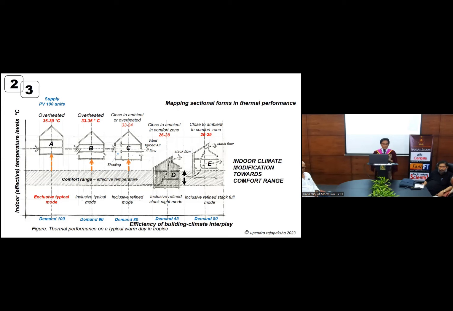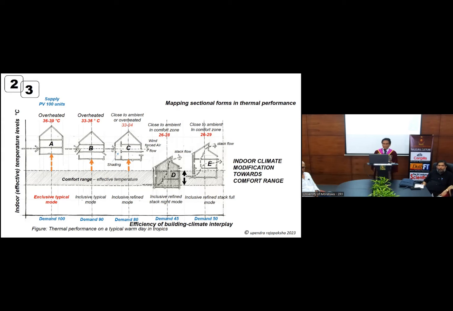So all these three models are well above the comfort zone. In the refined mode, the demand is definitely less than 100, say 80. The B model has 90, so it reduces the demand. When you intervene in the building design, the demand can be reduced. This is a theoretical discussion, and I have evidence to show this is correct.